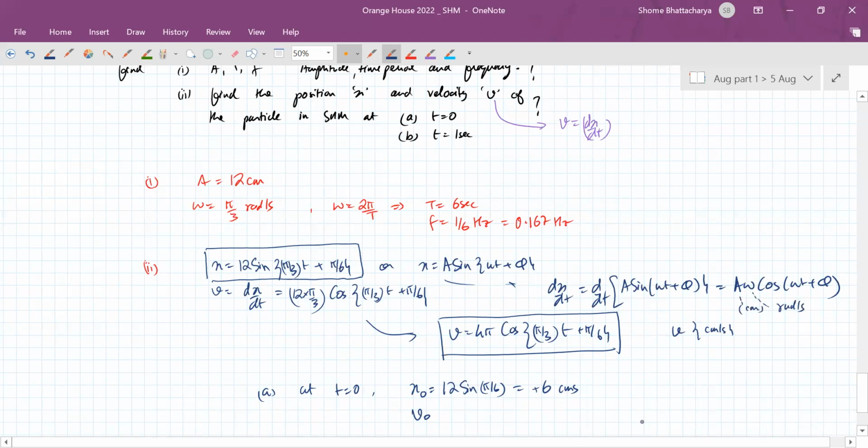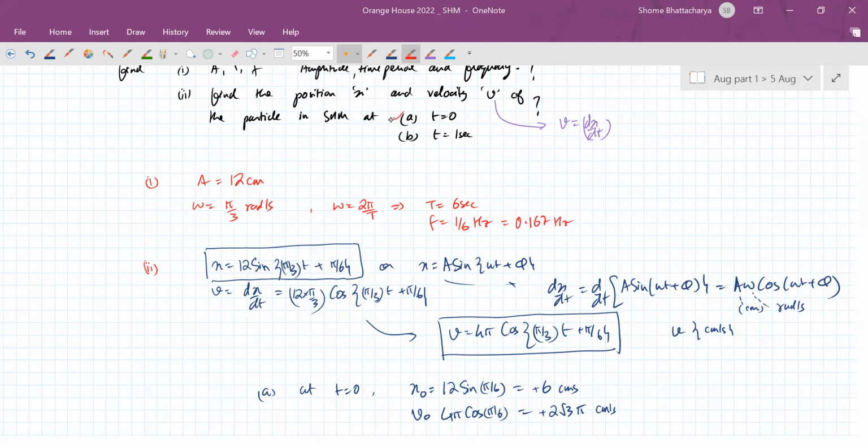So A omega is in centimeters per second. Okay. So velocity is 4 pi cos pi by 6, and cos pi by 6 is root 3 by 2. So 2 root 3 pi centimeters per second. So this is the velocity and position at t equal to 0.